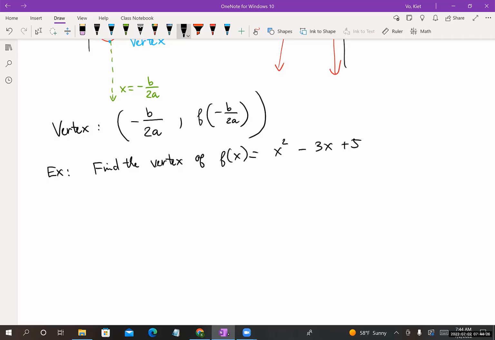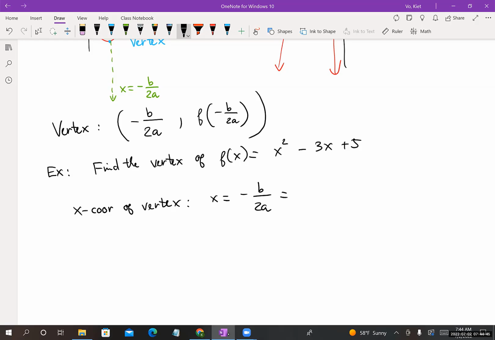So here, the x coordinate of the vertex is equal to negative b over 2a.